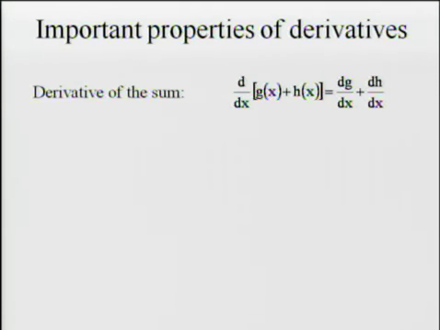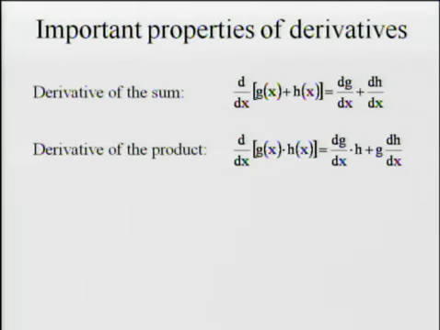So, for example, if I want to calculate the derivative of x squared plus x, in the tables you can find out the derivative of x squared is 2x. The derivative of x is 1. So, the derivative of x squared plus x would be 2x plus 1. Correct.